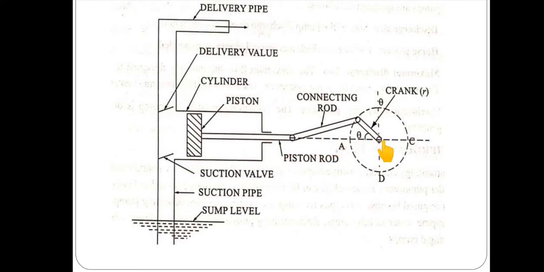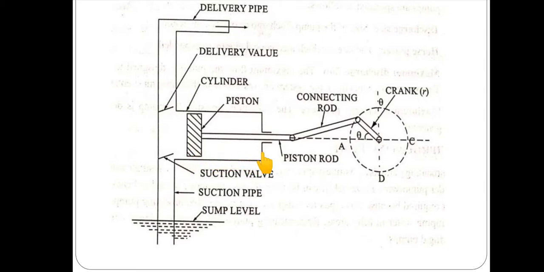The crankshaft starts to rotate. The crank and connecting rod convert this rotary motion into linear motion of the piston. Now the piston starts moving from left hand to right hand.